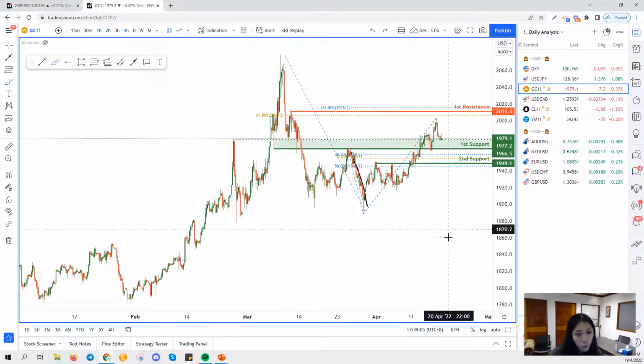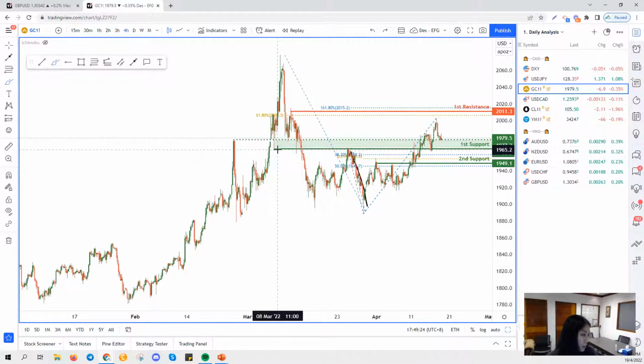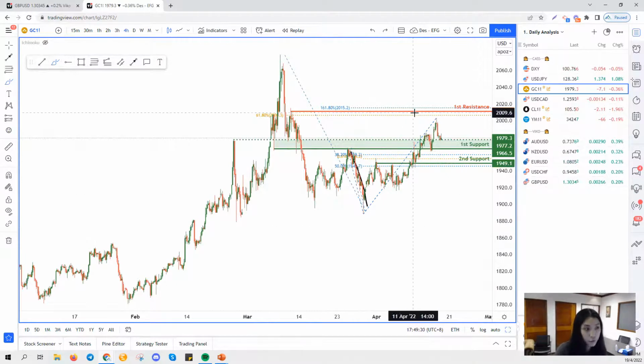But right now, if you thought of getting into this trade, it's not recommended, because the profit will not be much, and it's a bit risky that it's going to bounce off anytime soon at our first support level, which you can see is a big pullback support. Do you have any question for this gold?